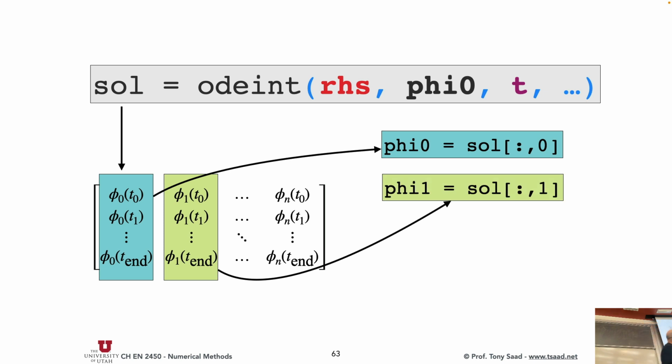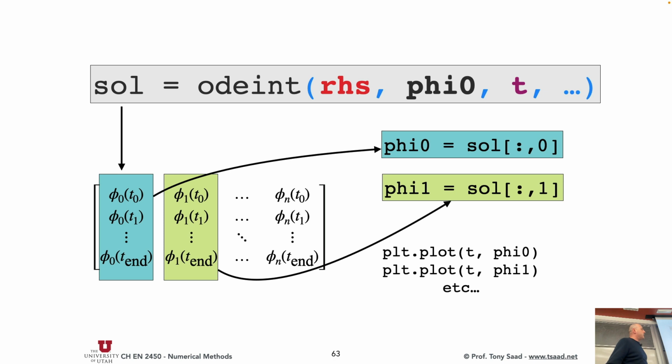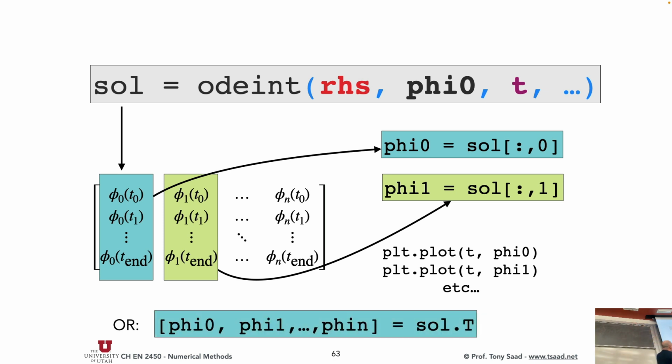You see how I'm using the colon here, taking the first column, the second column, taking everything in that column. And then you can go ahead and plot phi0 and phi1, etc. Another way is to take the transpose of this matrix. When you transpose it, you can grab each row and store it in a variable. This will become clear once we get our hands dirty.